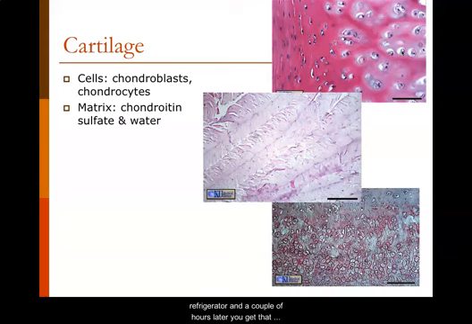And a couple of hours later, you get that thickened material that we call Jell-O. It is mostly water, but it's not runny anymore because of the materials that we've mixed with it. The chondroitin sulfate does the same thing to the water to give this gel-like ground substance in our cartilage. And so that's going to be found in all three cartilage types as well.